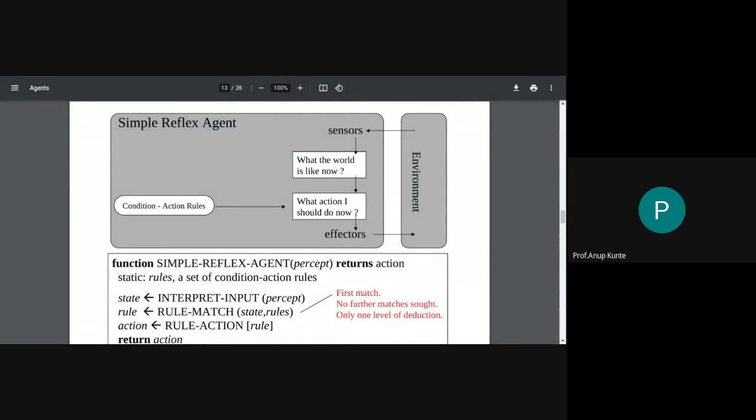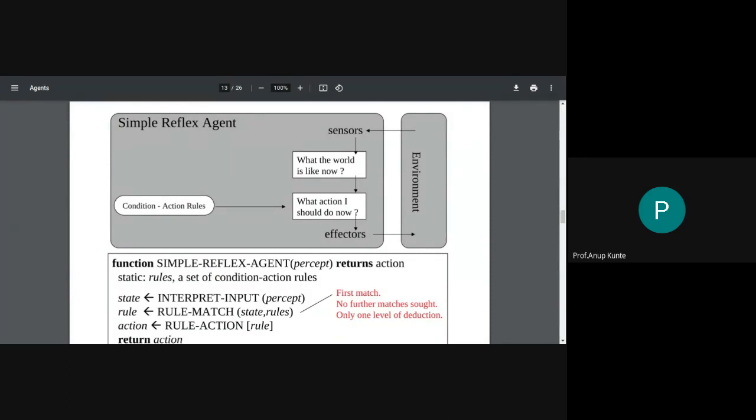Now the next question that this particular agent asks or tries to answer is, what action should I do now? So if the world is like this, which action should I take in this world? How do I describe the world's current placement? The current representation of the world is represented using a state of the world.